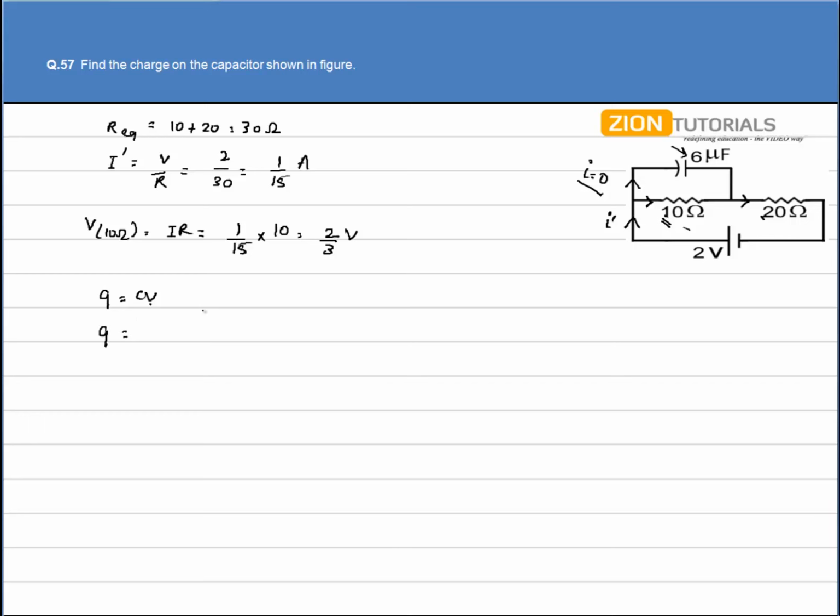So Q can be calculated by CV. C is 6 microfarad, that is 6 into 10 to the power minus 6, and voltage is 2 by 3. On solving this equation, I get the value of Q as 4 into 10 to the power minus 6 coulomb. That is my answer.